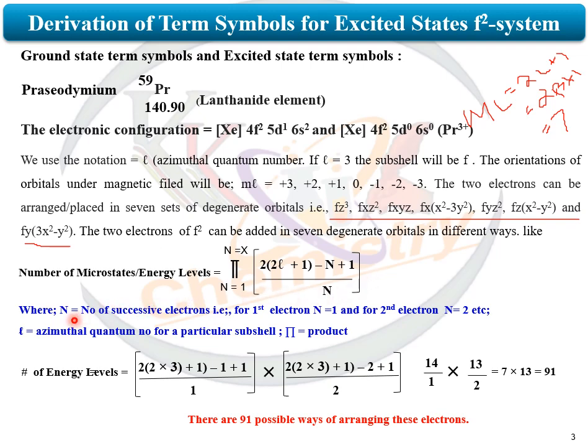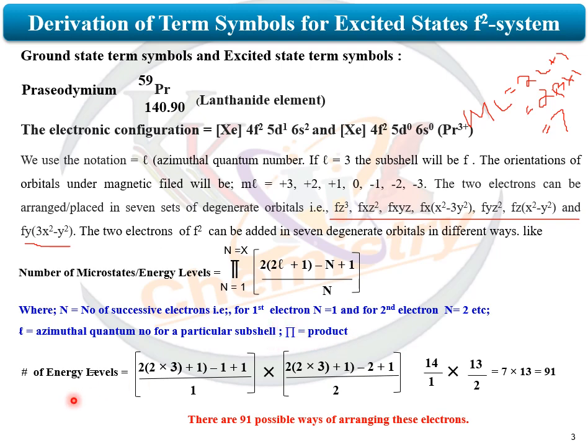Here n represents the number of successive electrons, like 1, 2, 3, 4 up to 14 for an f subshell. Here we have 2 electrons, so we will confine ourselves up to 2 electrons, where n1 is for the first electron, n2 for the second electron, and l represents the azimuthal quantum number for a particular subshell, and this symbol represents a product.